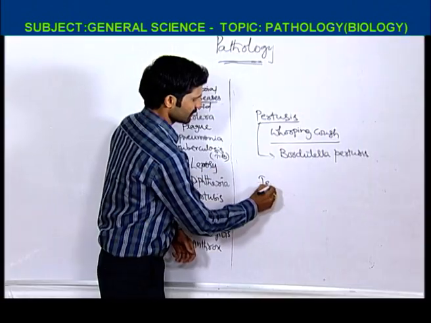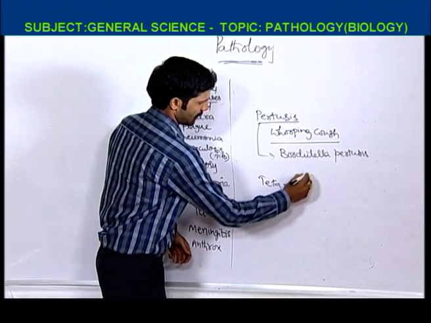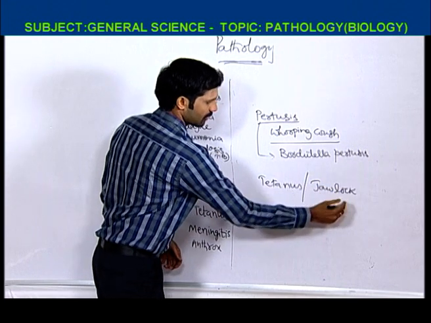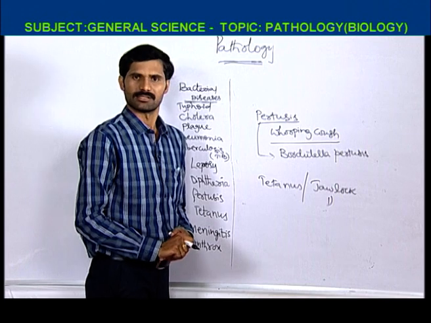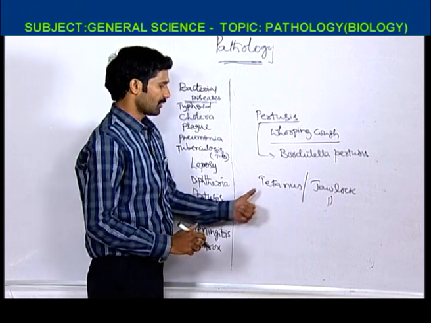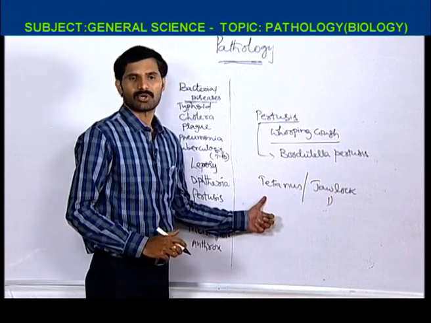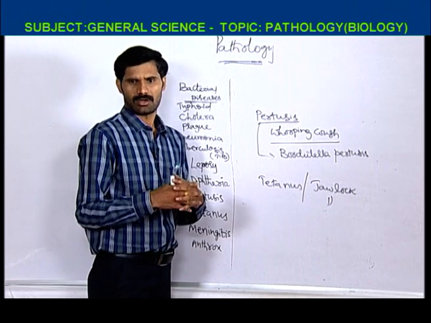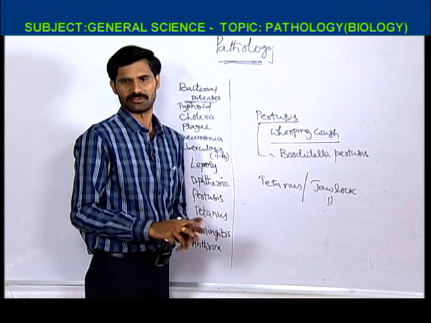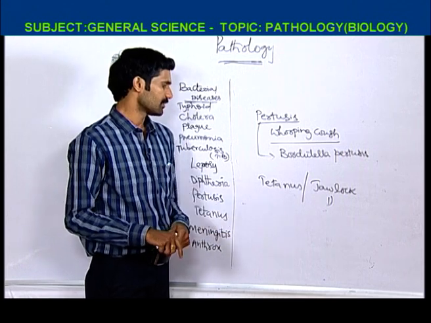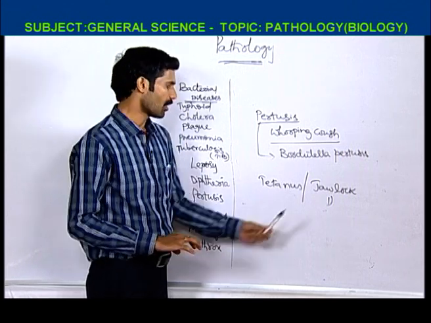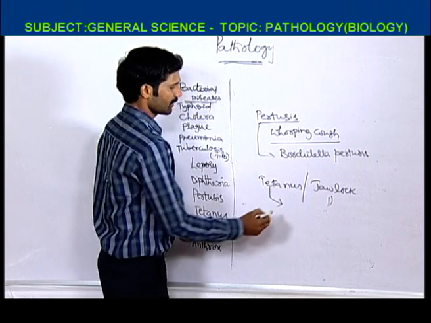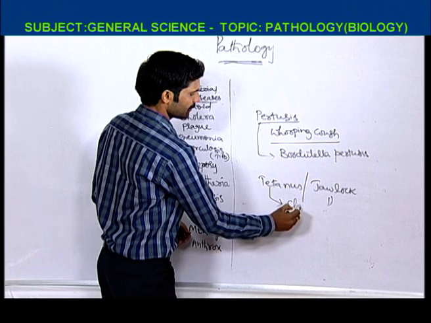Next bacterial disease, tetanus, also known as lockjaw disease, because in this disease the jaws come together, or are tight or stiff, hence it is called lockjaw. It is caused by a bacterium namely Clostridium tetani.